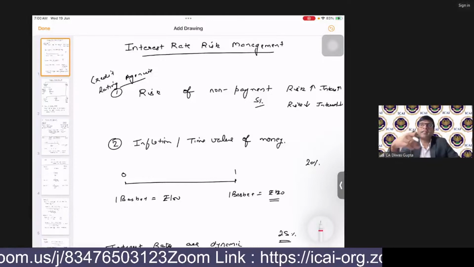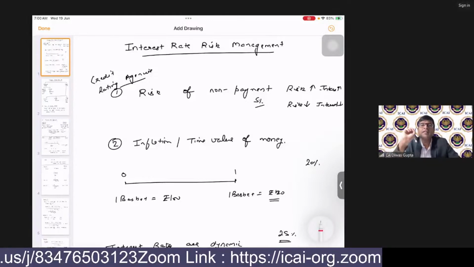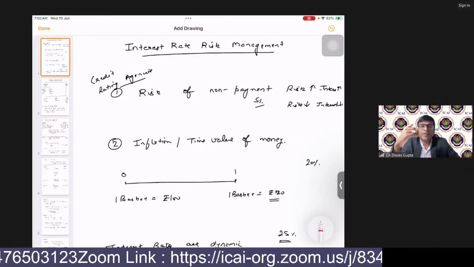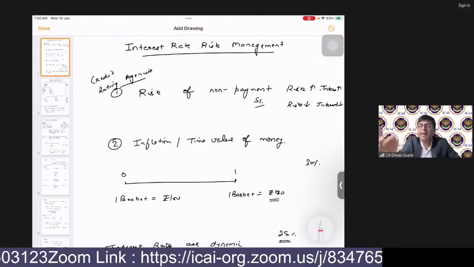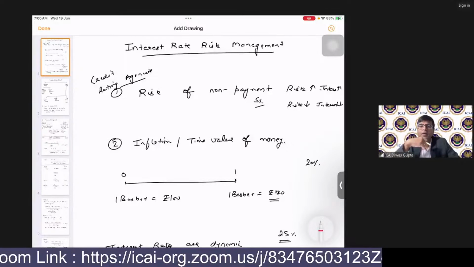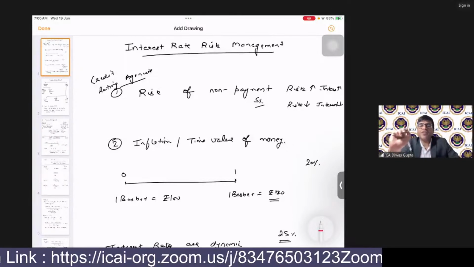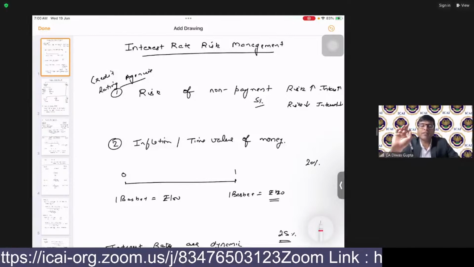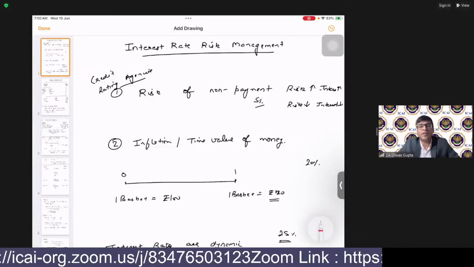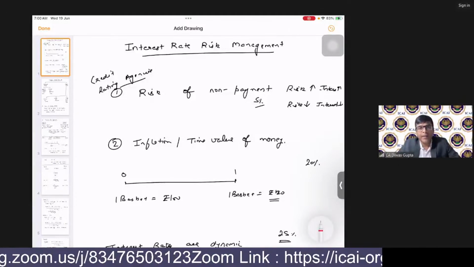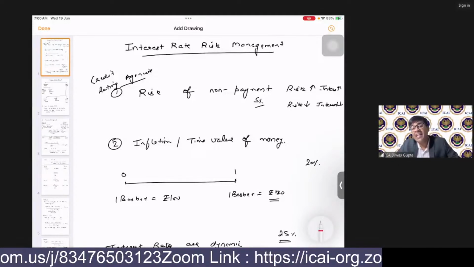Whenever, let's say, a person is giving some amount to another person, the person who is the lender will expect some return in the form of interest. The first and foremost cause is the risk associated with that lending. Risk of what? Risk of non-payment or delayed payments.